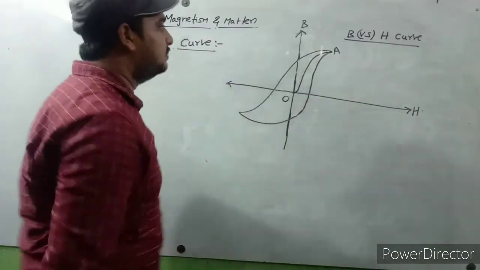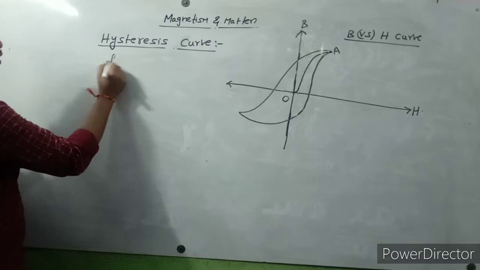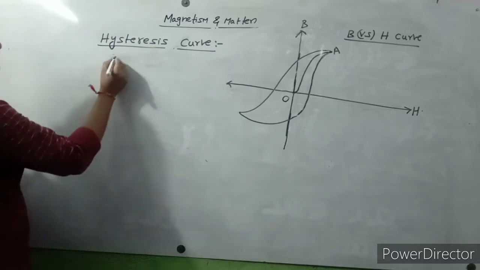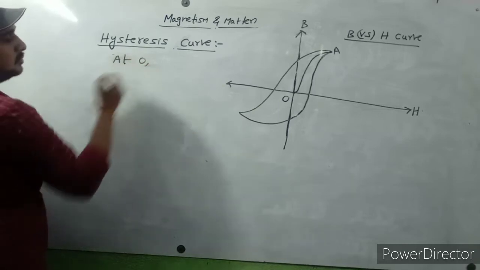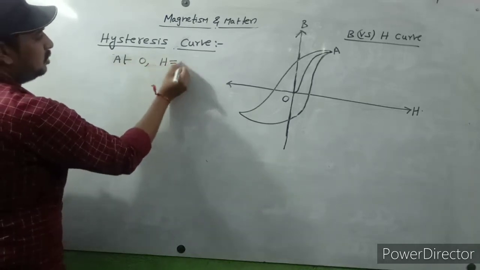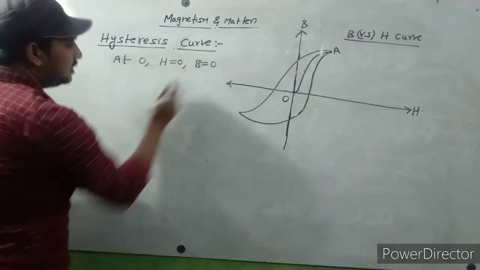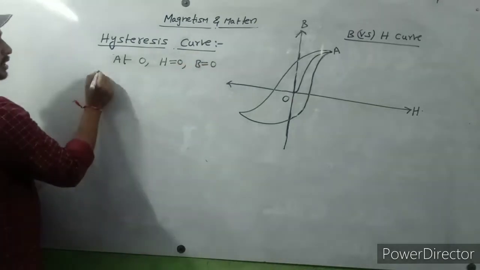Observe carefully. From O to A: first of all, at O, H is equal to 0 and B is equal to 0.